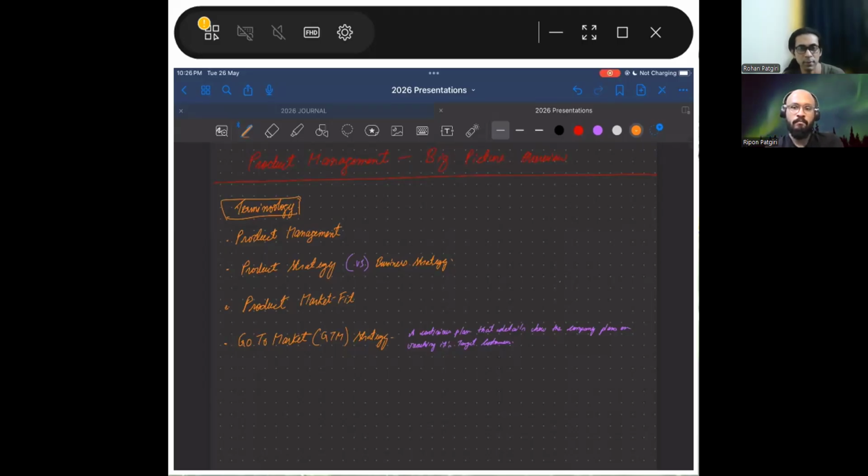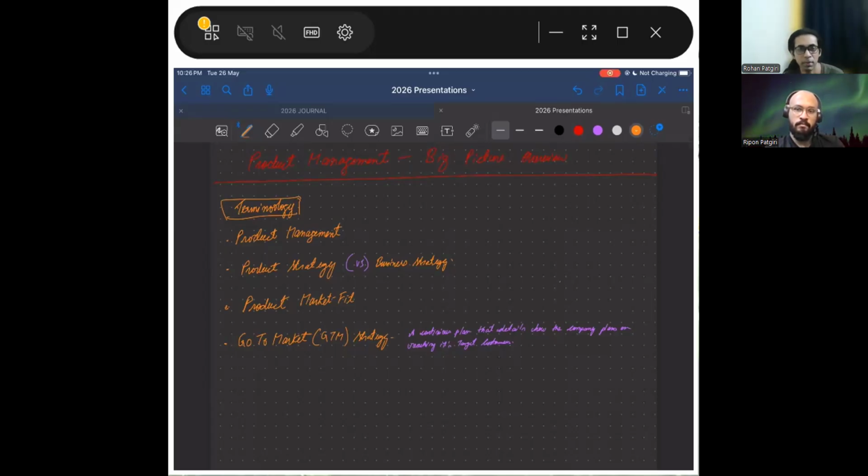And obviously, if it's a startup, the product strategy and the business strategy would be more or less the same, because they are starting with only one product, only one service that they're offering. For example, take Zepto. When they started, that's the only thing that they had.